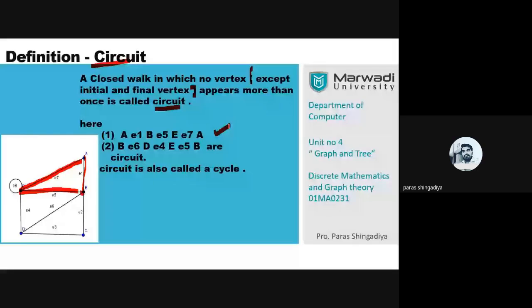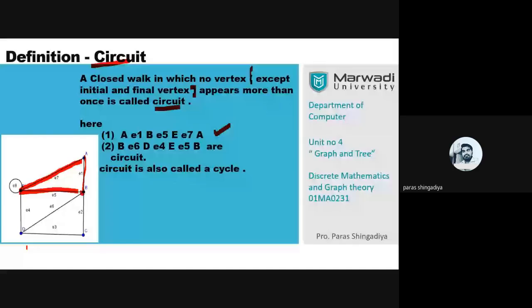And the second one is B, E6, D. Here you have to start your journey with B, then move on this edge E6 to D, and then E4 to E, you have to reach the vertex E, and then E5, B. Reach back to B. This triangle is also known as a circuit.